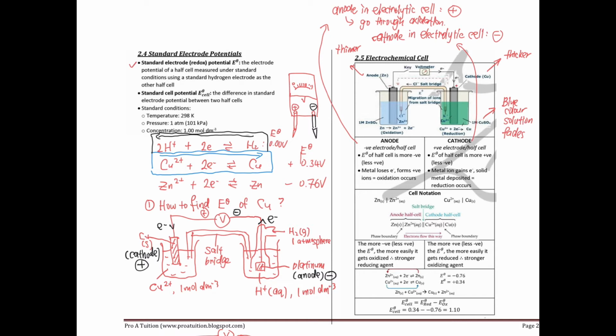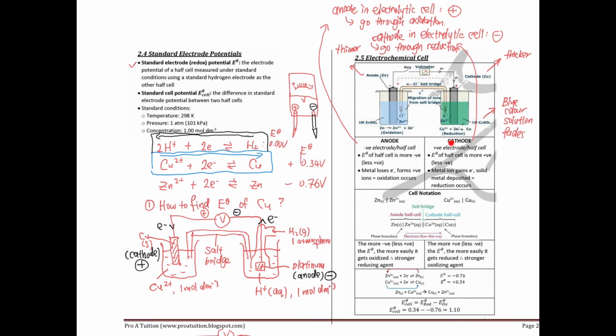Cation is positive, so they will attract cation. And the other thing is it goes through reduction. So going through reduction is the common property between the two cells, but the cathode, which is negative in an electrolytic cell, is different from the electrochemical cell. Electrochemical cell has cathode as a positive terminal.